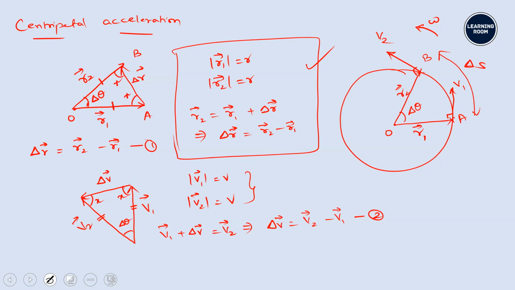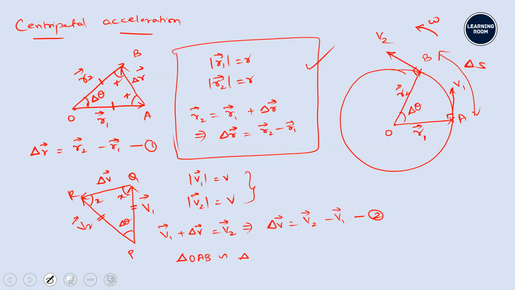So using the properties of similarity, we are going to find the relation between the sides available to us. Observe. If I take this to be P, Q, and R, then I can conclude that triangle OAB is similar to triangle PQR.